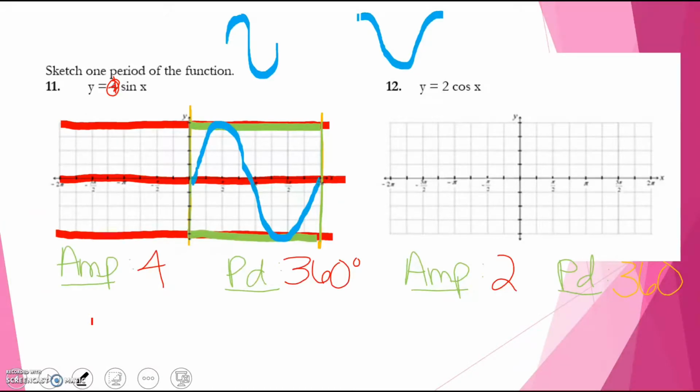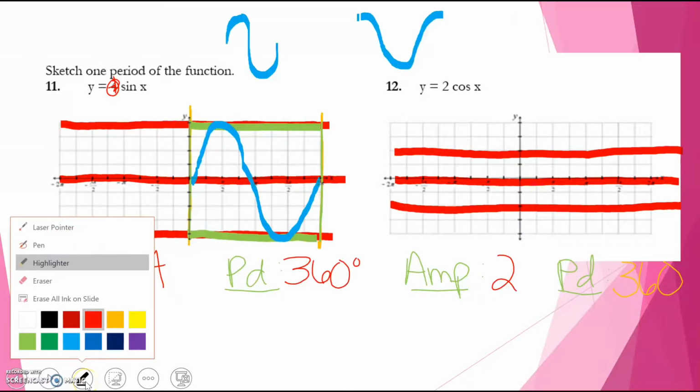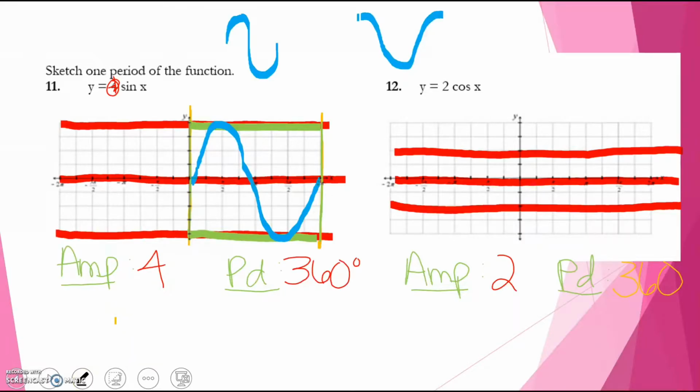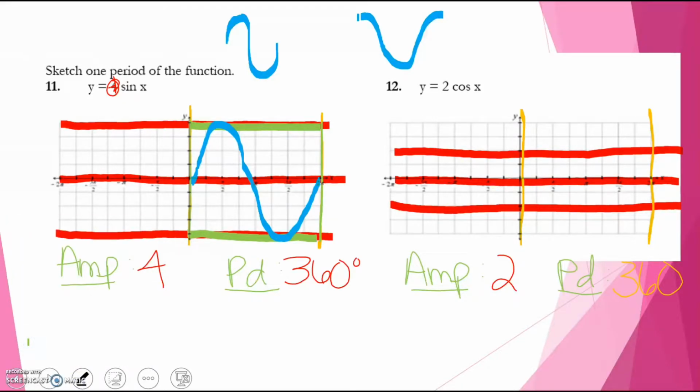That means from the equilibrium down the center, it's 2 high, so I draw a line at 2 above the equilibrium, and I draw a line at 2 below the equilibrium. So this is going to be a shorter graph. Then my period is 360, so we're going to start at the axis, and it's going to end at 360 or 2 pi. So now I have my defined space.